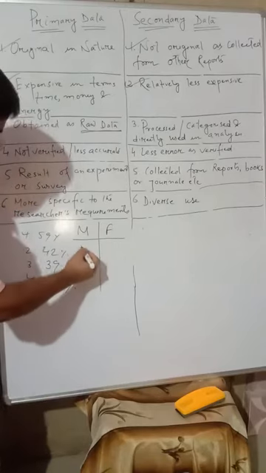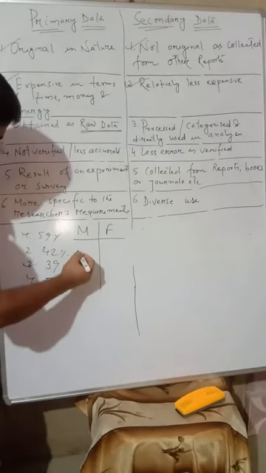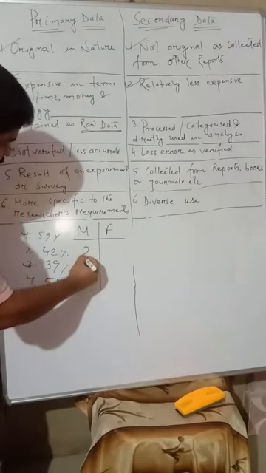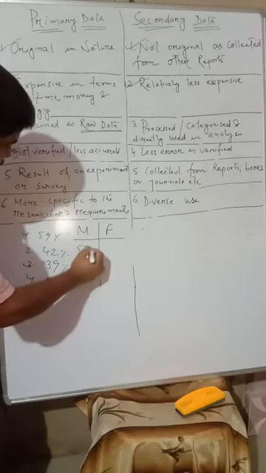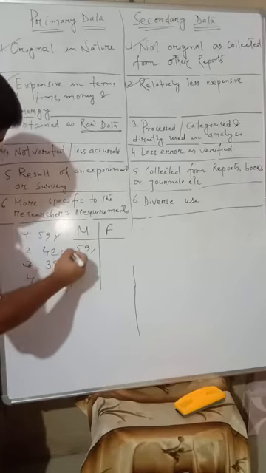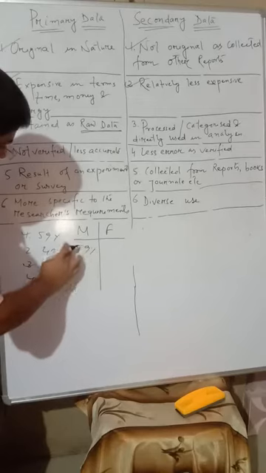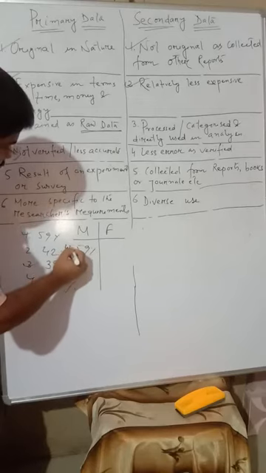Suppose the first, second and third households are male persons, so there are 59% male in Hailakandi district, or in ward number 1.